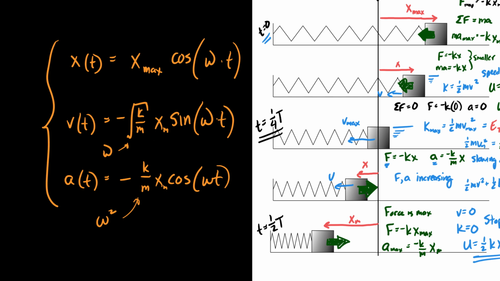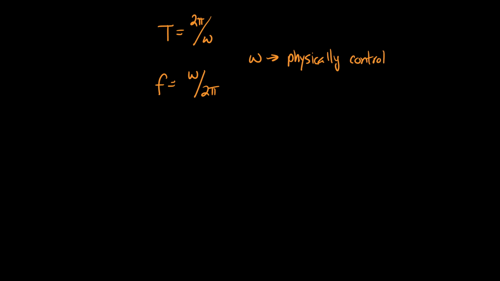Now, regardless of which oscillator, the period is always going to be equal to 2 pi divided by omega. The frequency is always going to be omega divided by 2 pi. Omega is something physical. It physically controls the oscillation. So all oscillators will have something that deals with position.